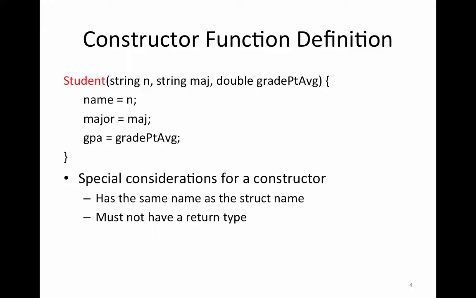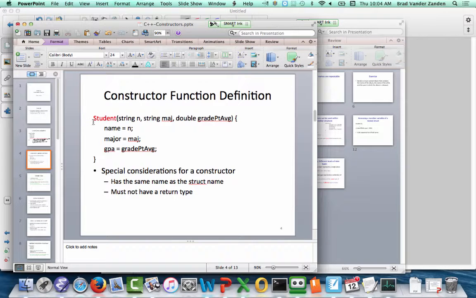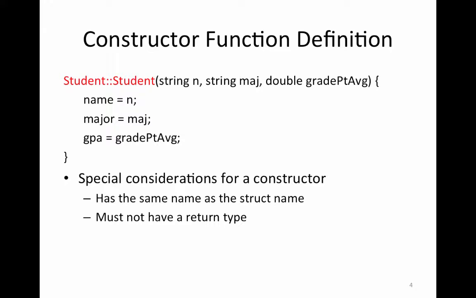So in order to tell it that it is associated with the student struct, you have to prefix the function with student colon colon. So the name of the struct and then colon colon. If you don't do that, you're going to get an odd message from the compiler telling you that it doesn't recognize this function.